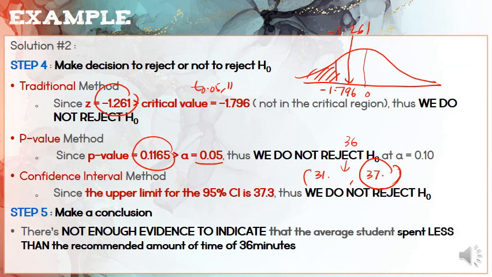That's why we do not reject our H null. So as you can see here, no matter which method you use, you will end up with the same conclusion, which is there is insufficient evidence ataupun not enough evidence to indicate that the average student spend less than the recommended amount of time of 36 hours.